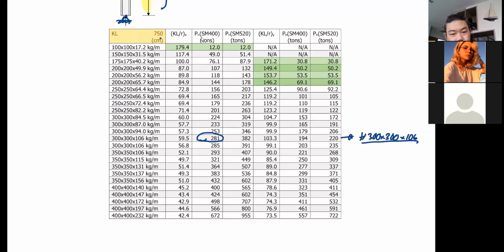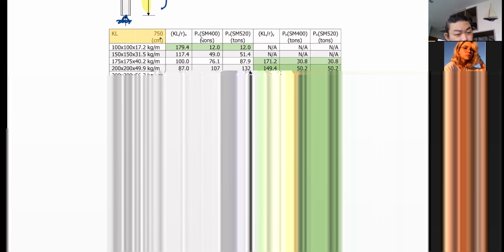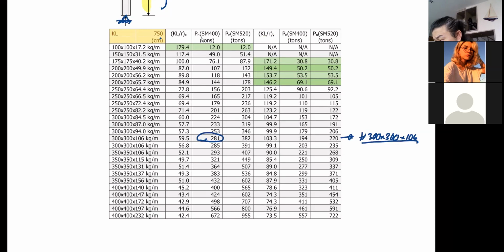Okay. But why is the value not the same, for example, with the same cross section, same size? What do you mean? For example, the first row, 100 times 100. PN will become 12, right?